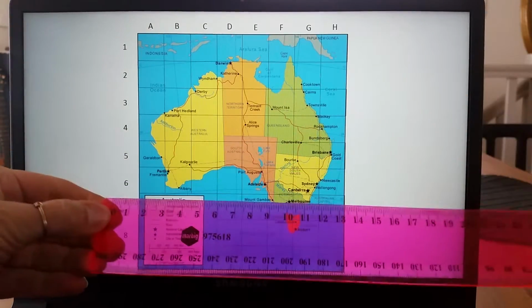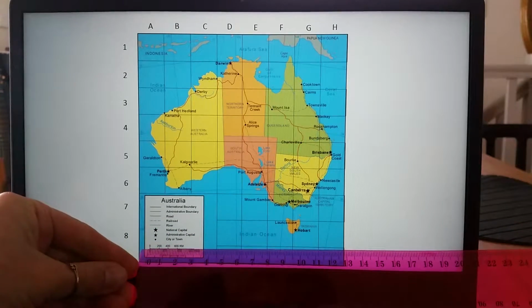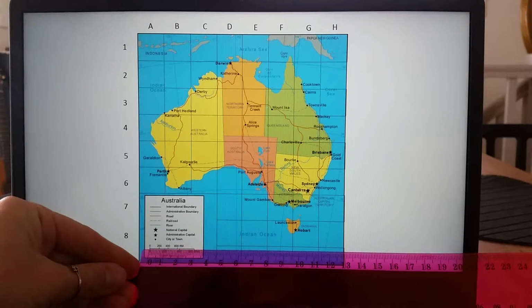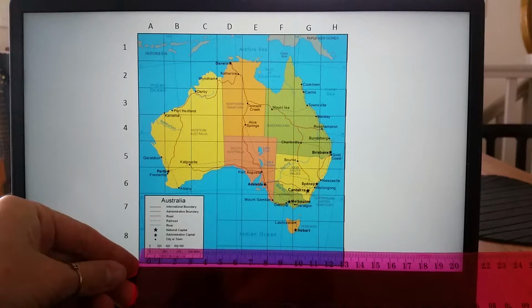If I place that ruler against the scale provided on the map, I see that the 2 centimeter marker on the ruler corresponds approximately with the 600 kilometer marker on the scale of the map. So that means that 2 centimeters on the ruler is approximately 600 kilometers on the map.